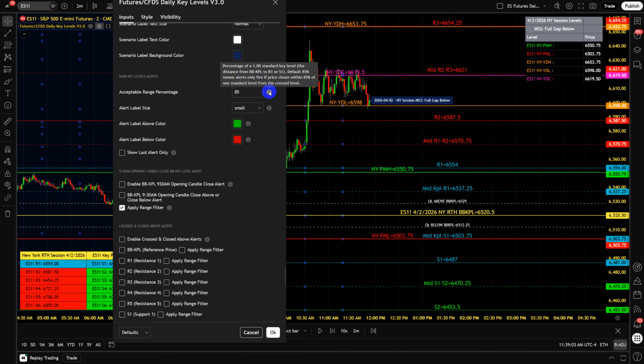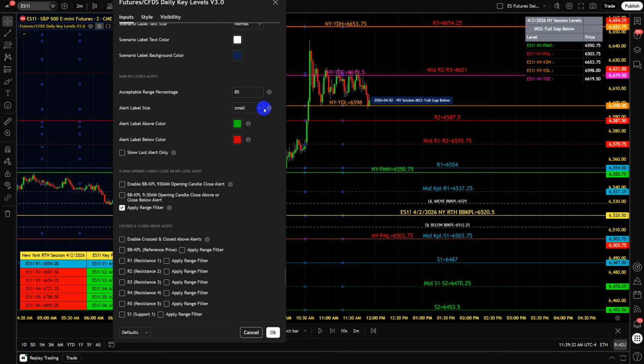You can certainly change it to a lesser number if you prefer to be alerted of candle closes when they are within a lower range than 85% of one standard key level. So that is up to each individual trader to decide for themselves after use and practice with the indicator as to whether they prefer a different level than the 85%.